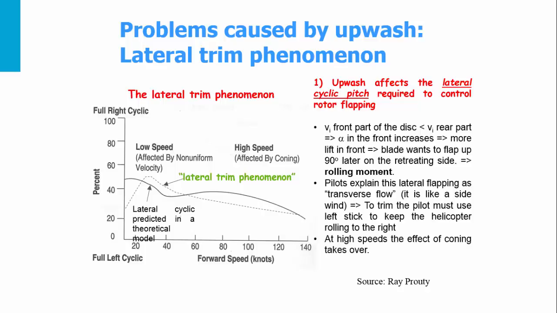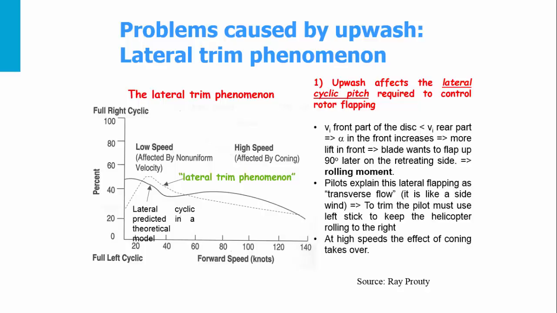And you see the lateral trim phenomenon. If the induced velocity in the front of the disk is smaller than the induced velocity in the rear of the disk, this is due to the upwash, the angle of attack in the front is increasing. So we are having more lift in front.